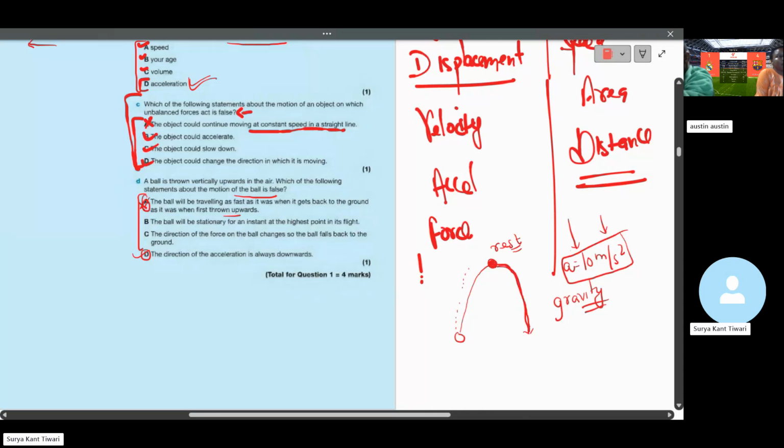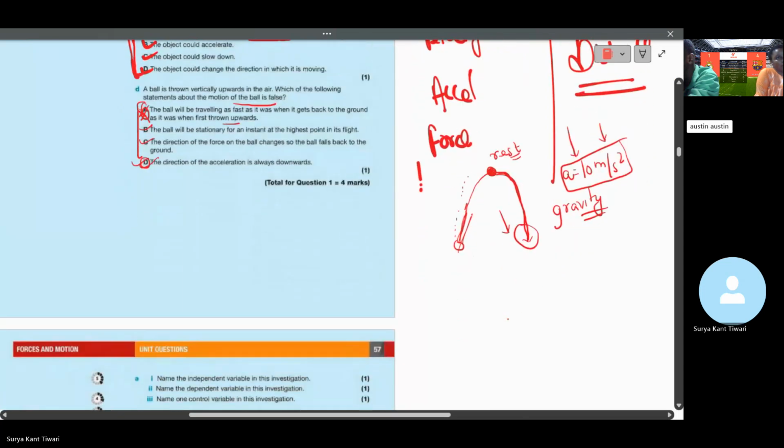So this statement is wrong. All the other statements are correct. You can throw it slower or faster; at any speed you throw, the speed of coming down will be the same in every case. Okay? Yes, sir.